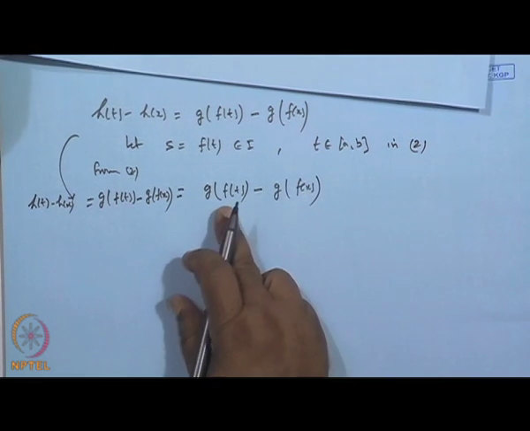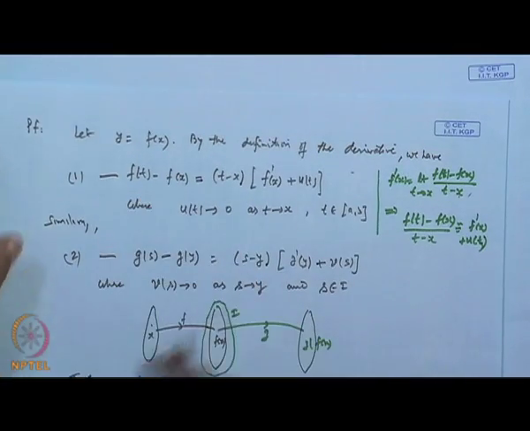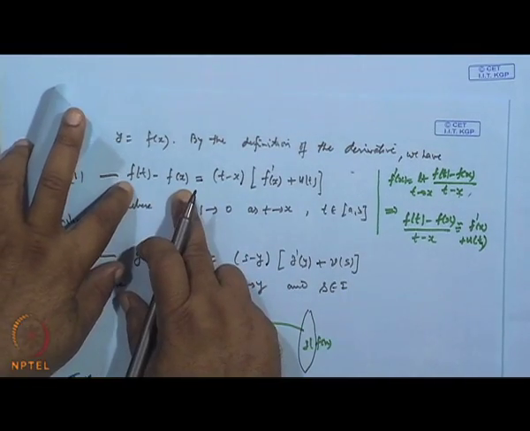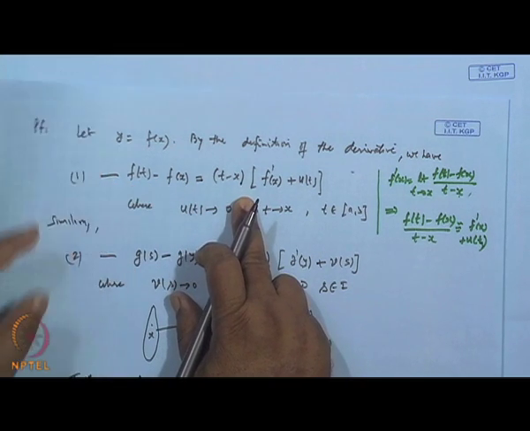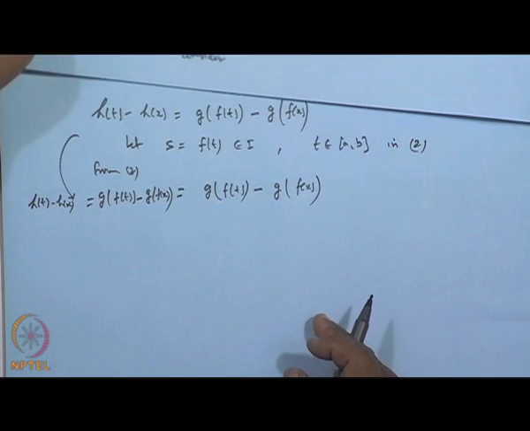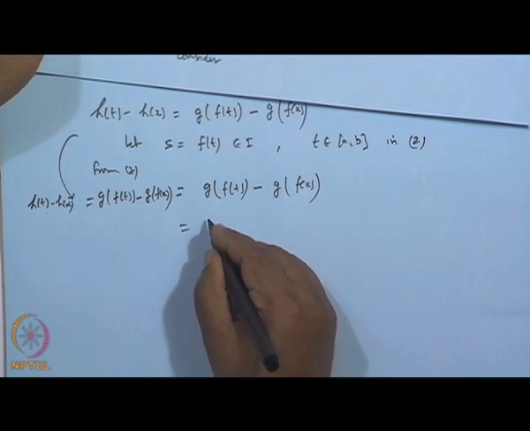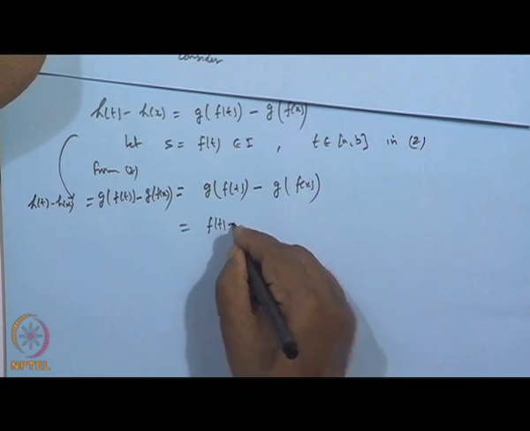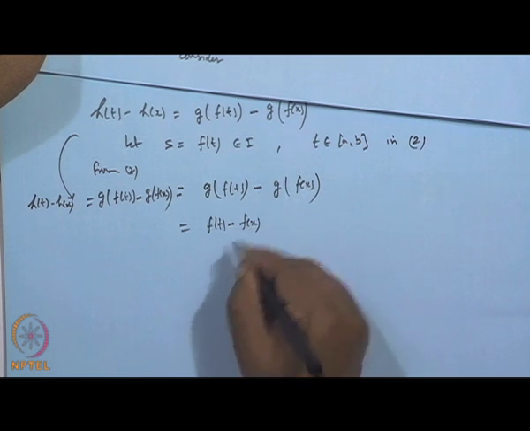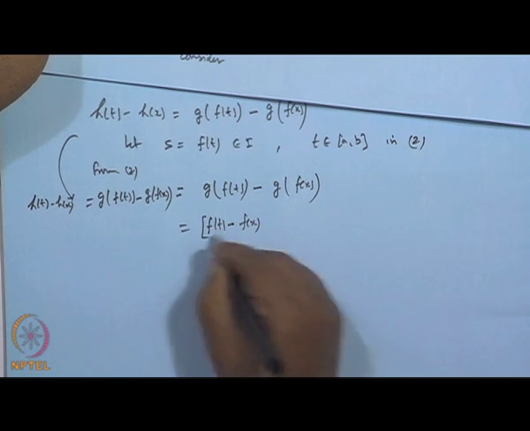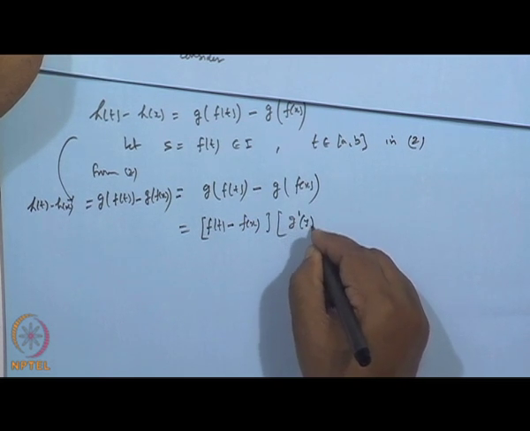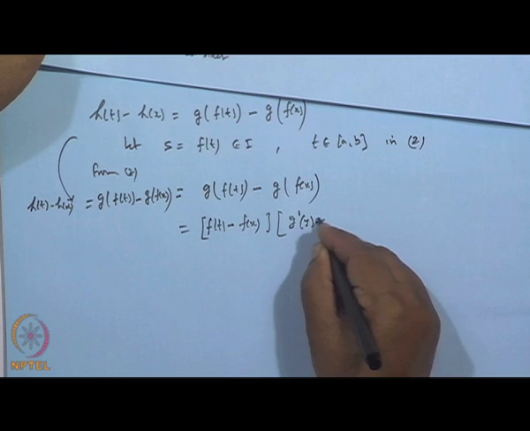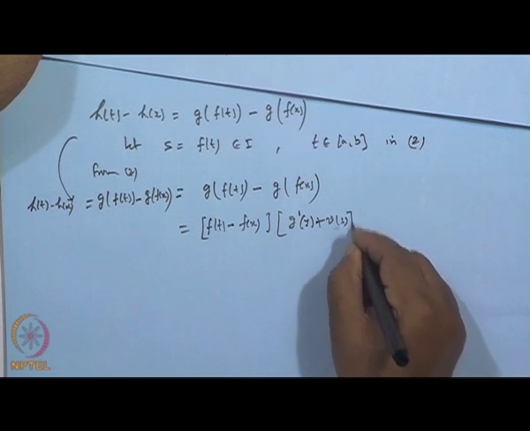Now apply this here, f t minus f x, f is continuous and differentiable. So we can use this now. When you use this, since g is differentiable, it is f t minus f x into g prime at some point y plus v s, where v is continuous.